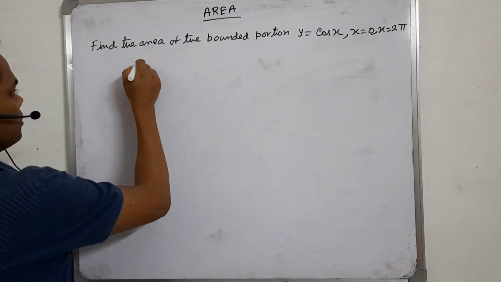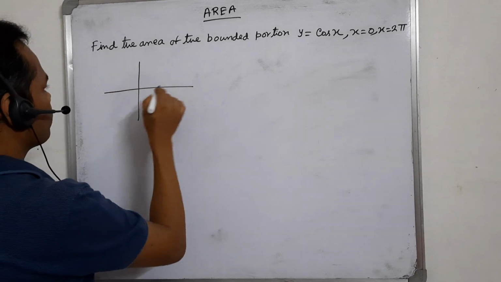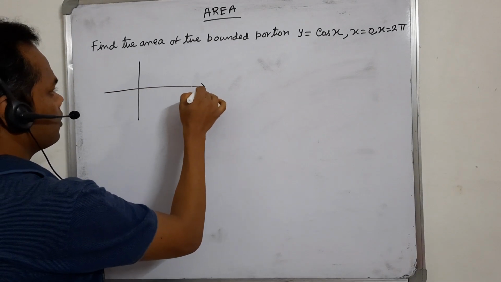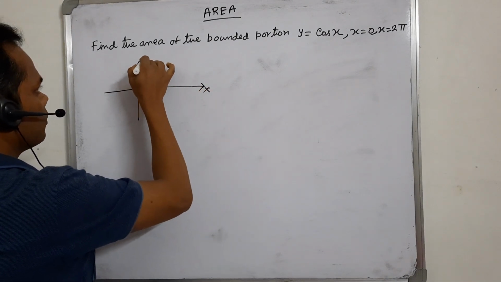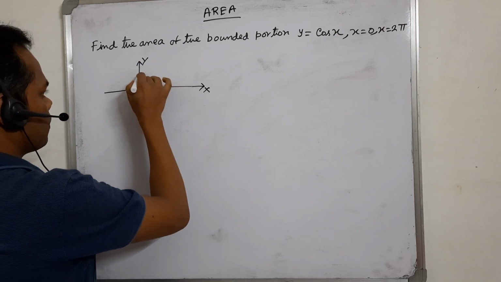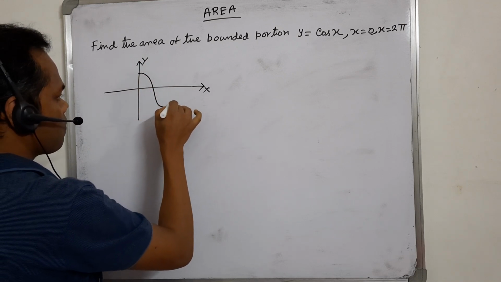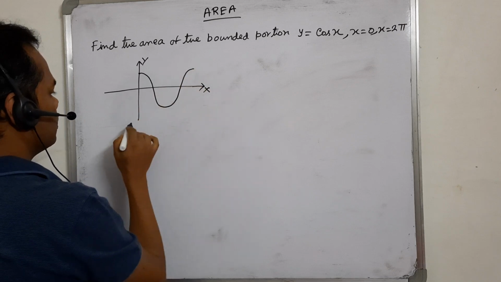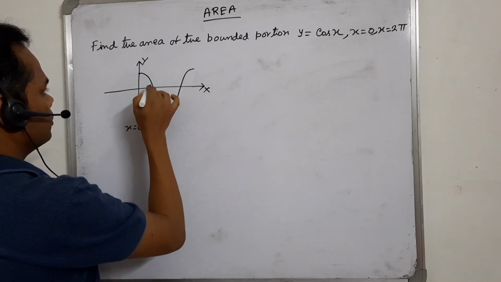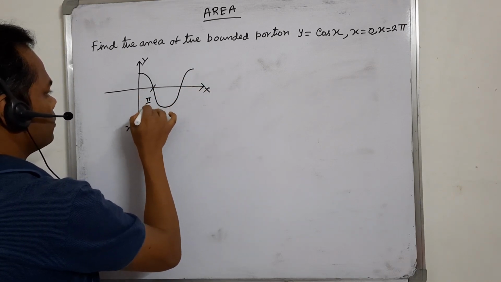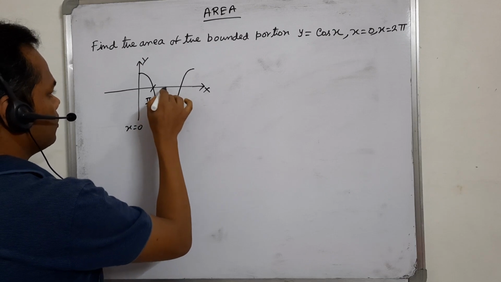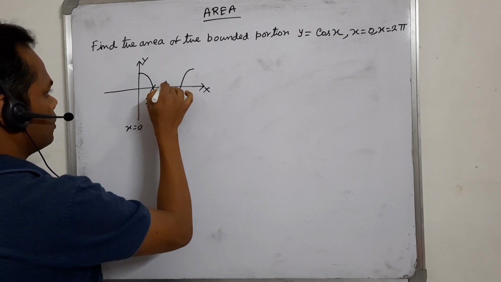And the diagram of this figure is, this is the x-axis and this is the y-axis. This line is x = 0. This is x = pi by 2. This is x = pi.